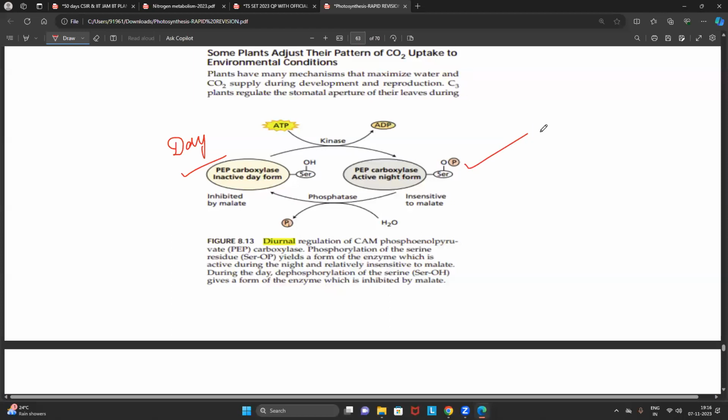And we all studied multiple times: serine, threonine, tyrosine. These are the three major amino acids that undergo the process of phosphorylation. We all know very well. Now you only look into the picture. Serine is the amino acid that undergoes phosphorylation, at which time? During the night time. By that, the PEP carboxylase will be super active.